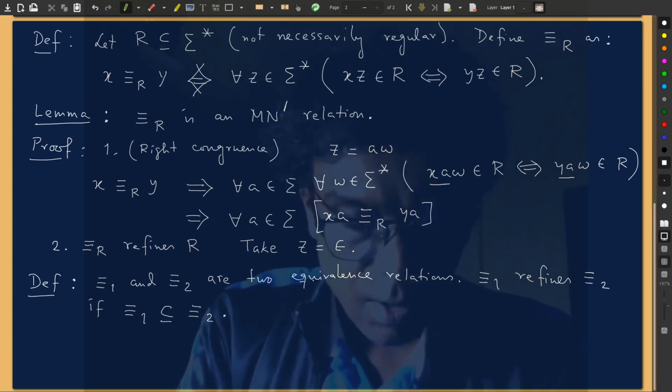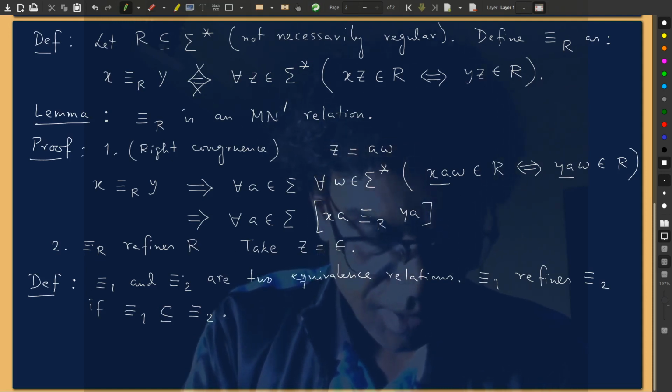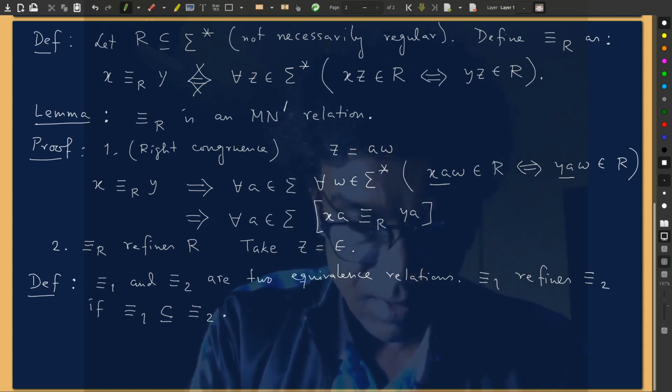Recall that we have defined a binary relation on a set A as a subset of A cross A, the Cartesian product of A with itself. Therefore these are essentially sets, so this is basically set inclusion.